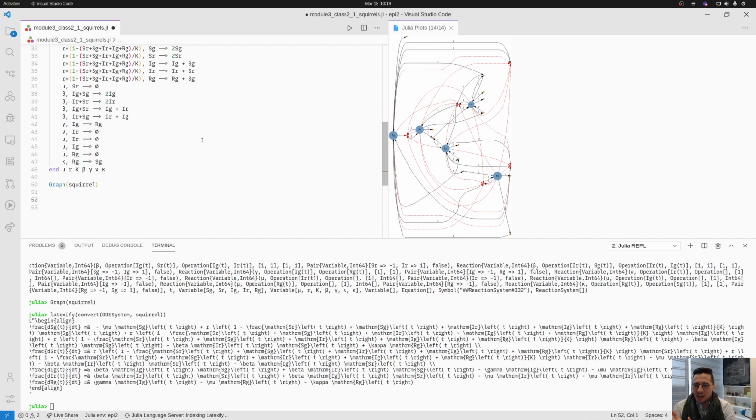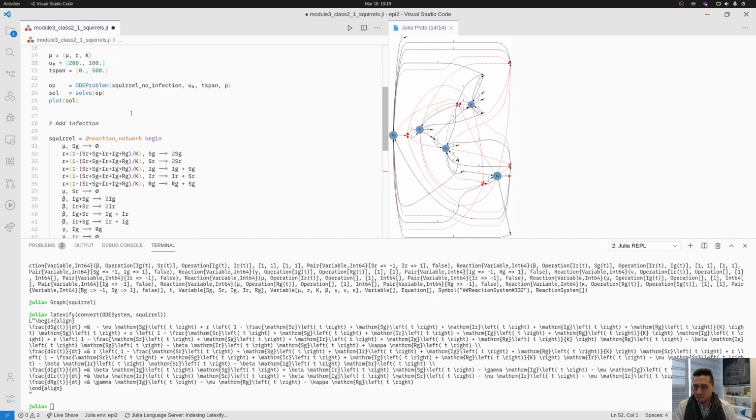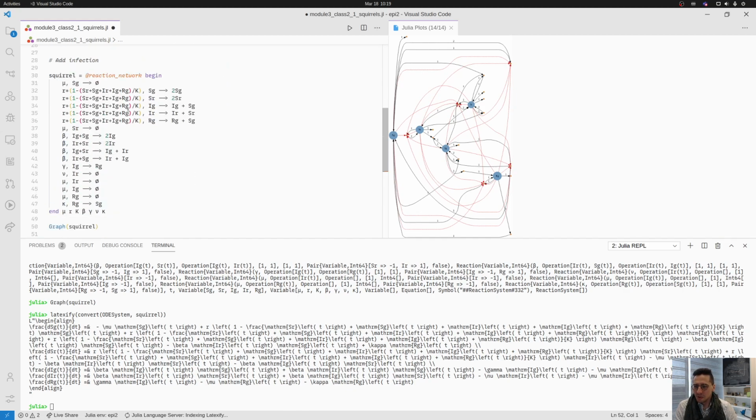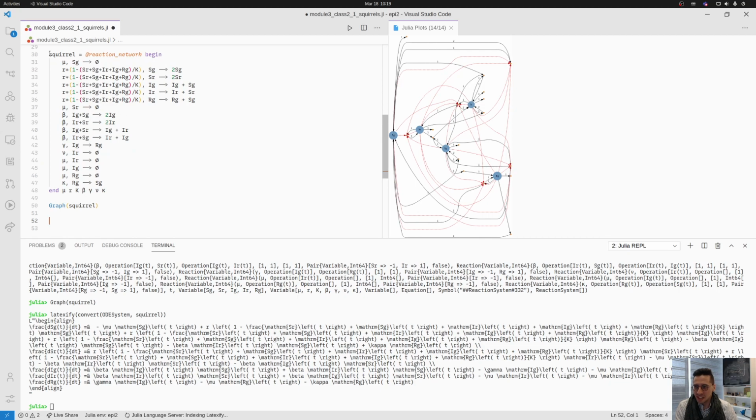So we need to set a number of parameters here. Before we do that, let me explain something. Writing this is the same thing as writing down the system of equations. The advantage here is that you are writing every compartment, every single process that happens in your model as a single line, which you can document extensively.